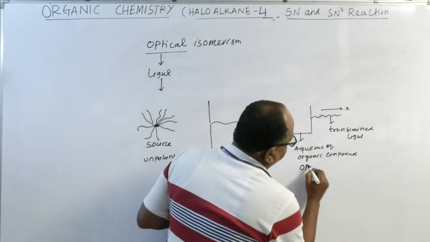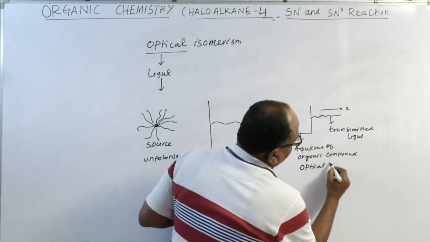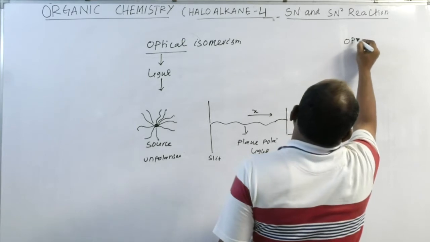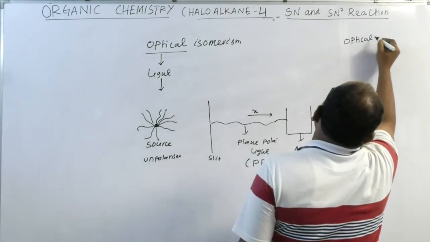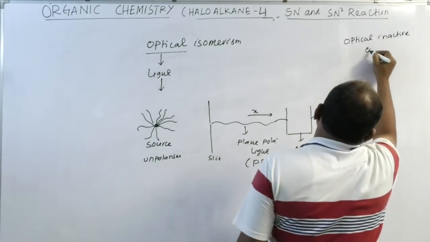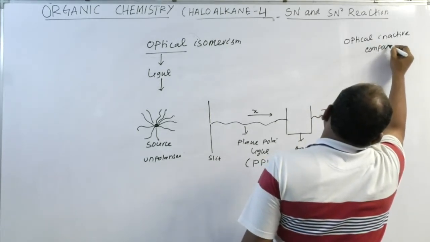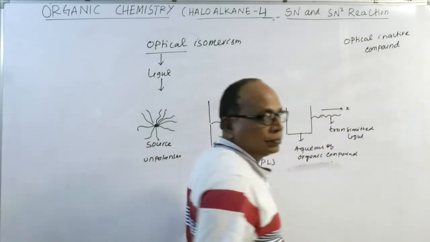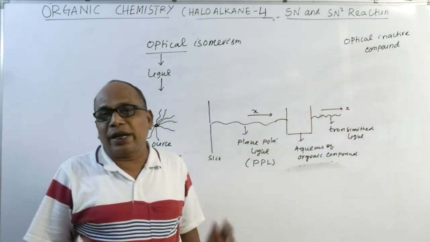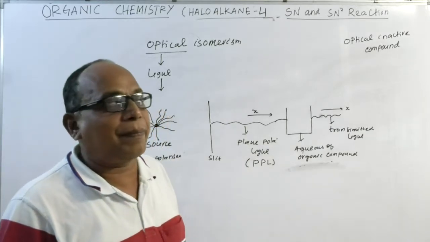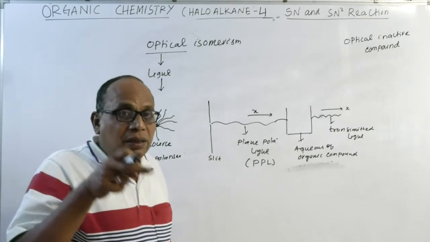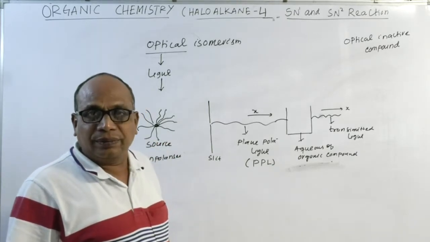And that organic compound which cannot rotate the plane polarized light is said to be optically inactive. Optically inactive compound means the aqueous solution of an organic compound which cannot rotate the plane polarized light when it passes through it.